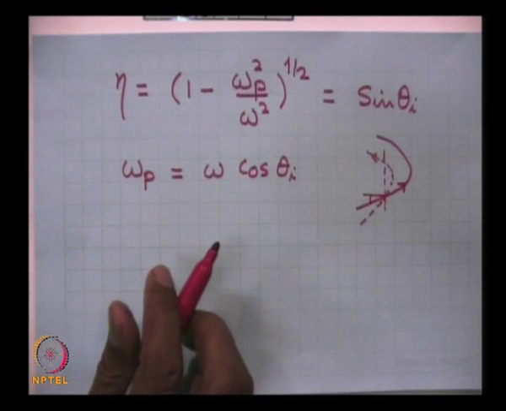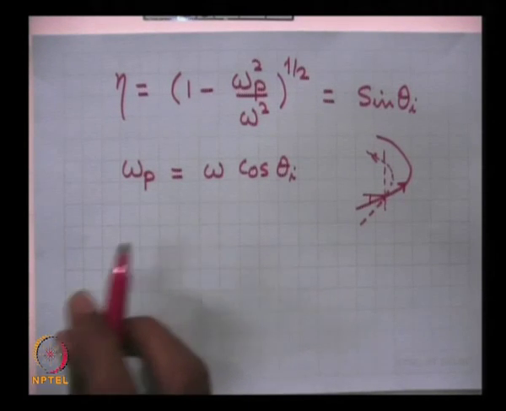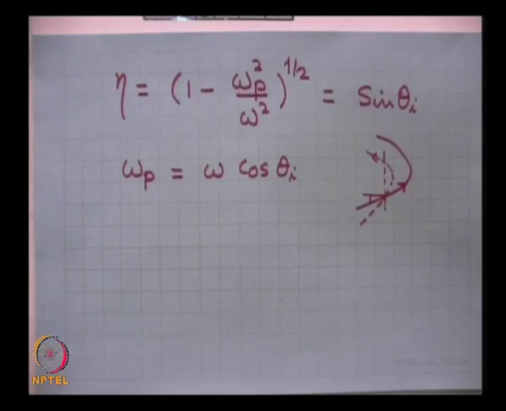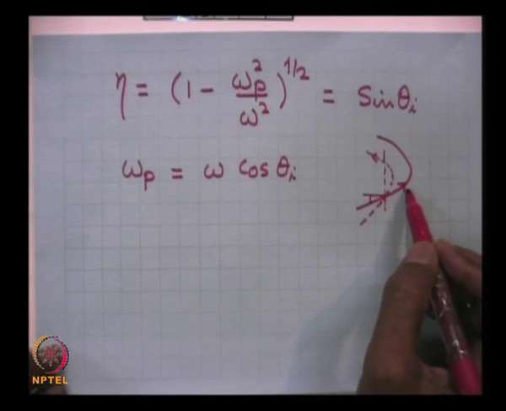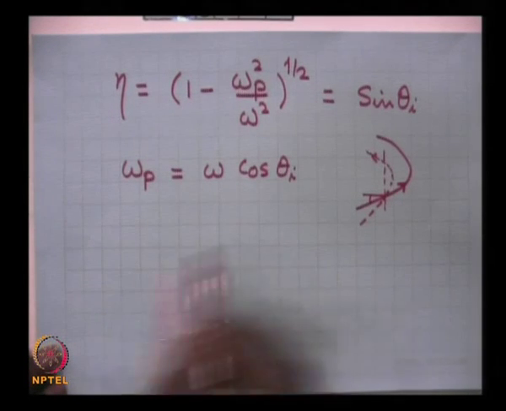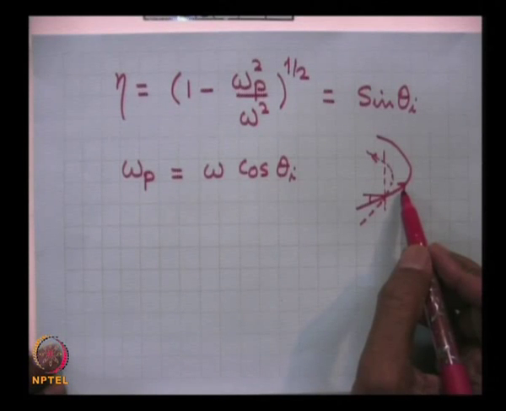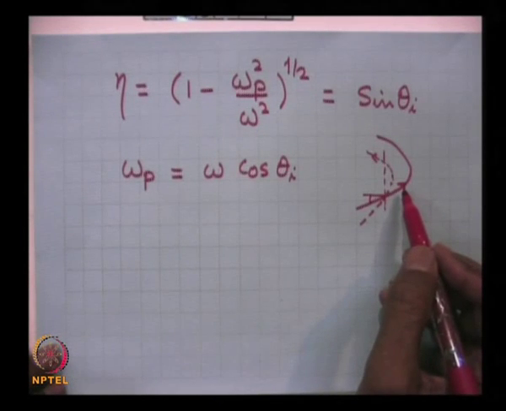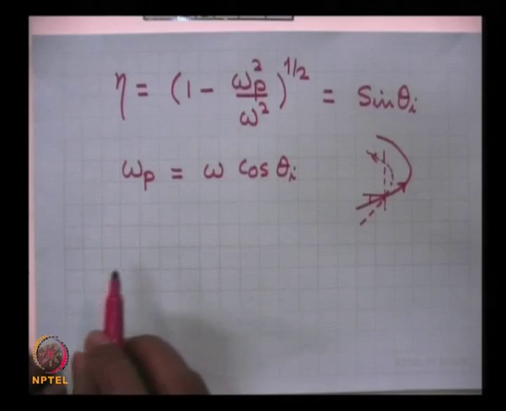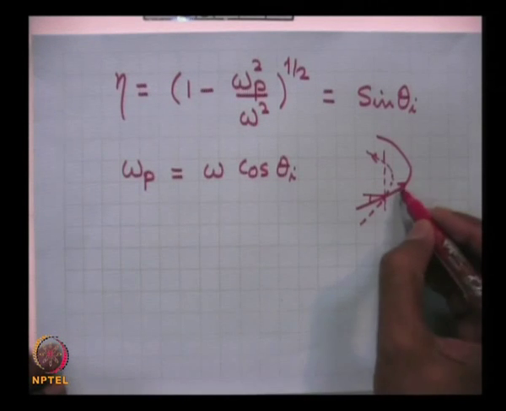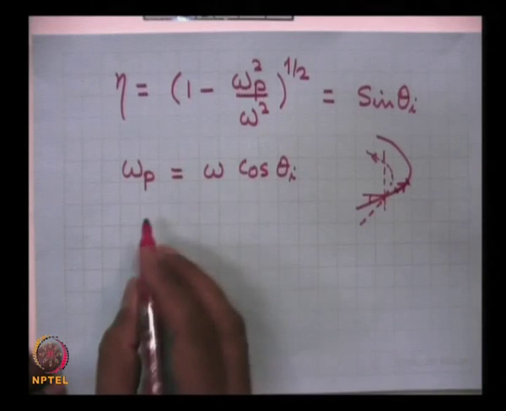Well, one thing I would like to mention here, that if you want to determine the ray trajectory, the equation of the trajectory of the ray can also be deduced on physical grounds. What you expect, that a ray which is traveling in a medium actually travels in the direction of propagation.